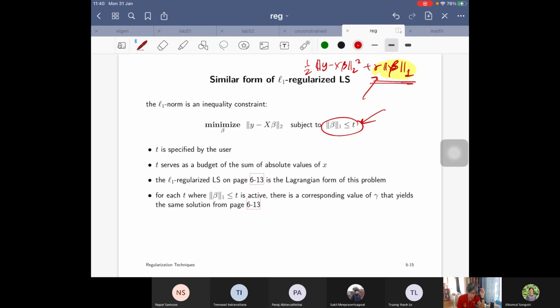With this formulation, I want to find beta that minimizes my 2-norm residual error, which is the least square sense, but I also have a constraint that beta should have a limitation on the L1 norm. That limitation is specified by a scalar t, which is going to be given by the user.